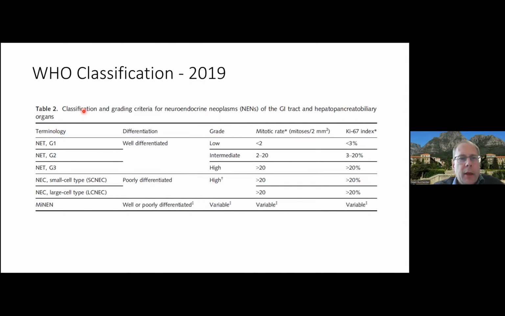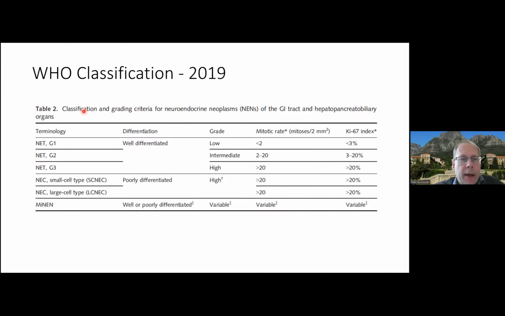The tumors that are of a lower grade, so grade 1 and grade 2, as well as the grade 3s that have a lower mitotic rate and lower Ki-67 index, are termed neuroendocrine tumors.